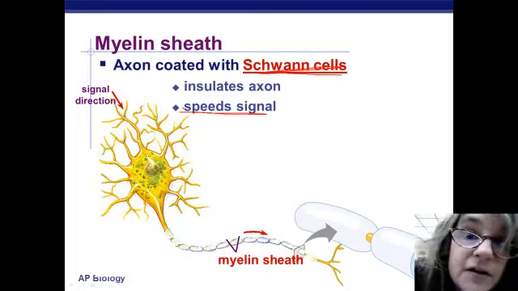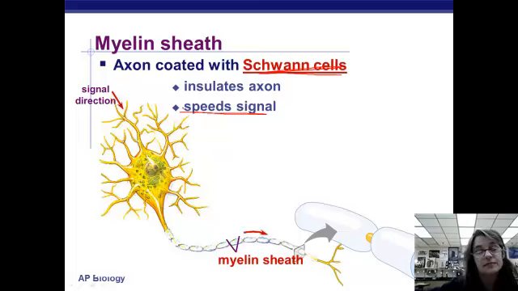I'm skipping over huge chunks of floor when I leap across, okay? Well, this myelin sheath, these Schwann cells that are next to each other, allow the neuron to skip, the impulse to skip large chunks of the axon.